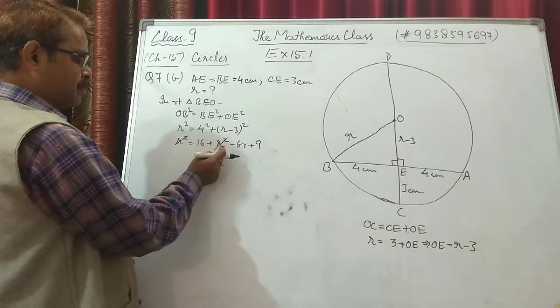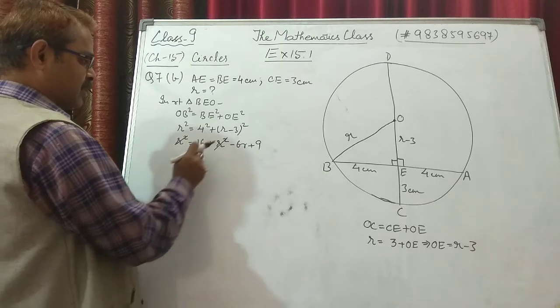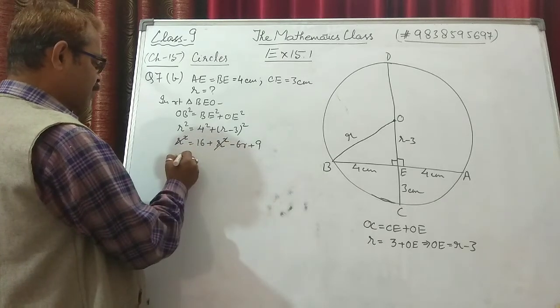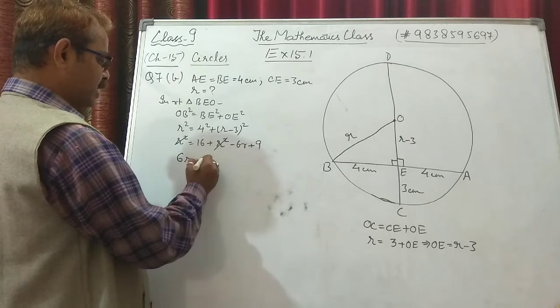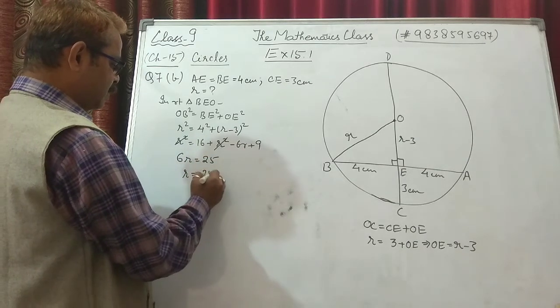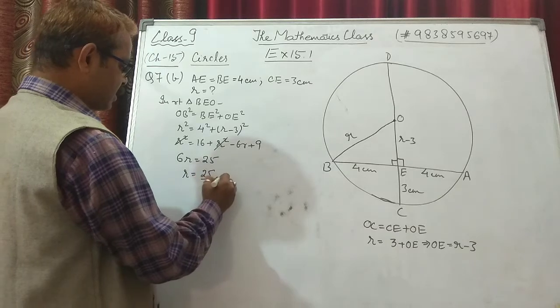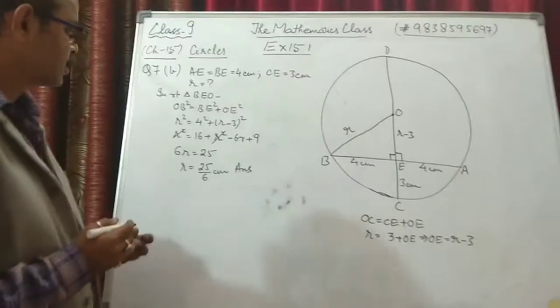This 6R comes to the other side, it will become positive. 6R is equal to 16 plus 9, which is 25. So R will become 25 upon 6 centimeters. That is the radius of this circle.